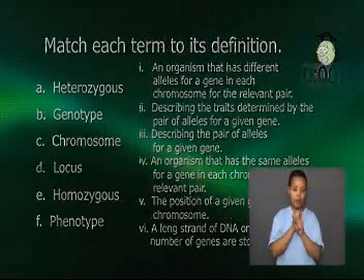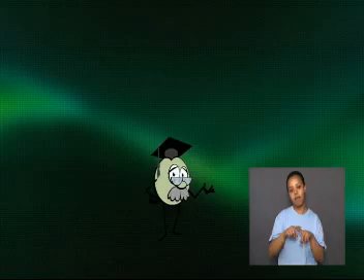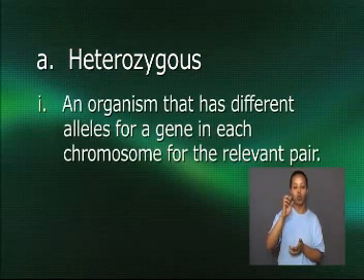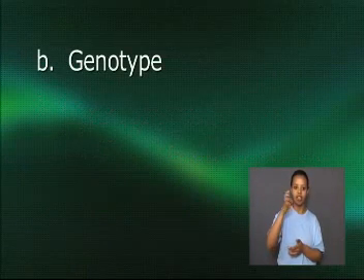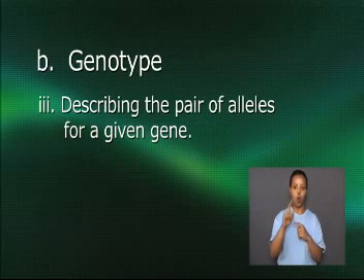Time's up. Let's get back to our lesson. Welcome back, students. Trade papers with your neighbor so you can mark each other's answers. The definition of heterozygous is number 1. The definition of genotype is number 3.